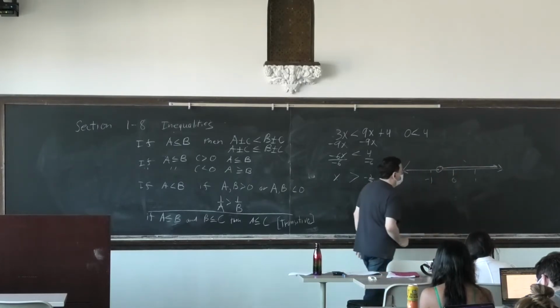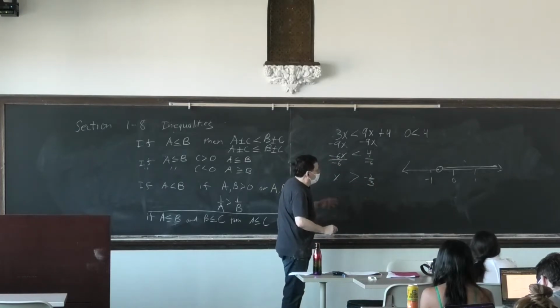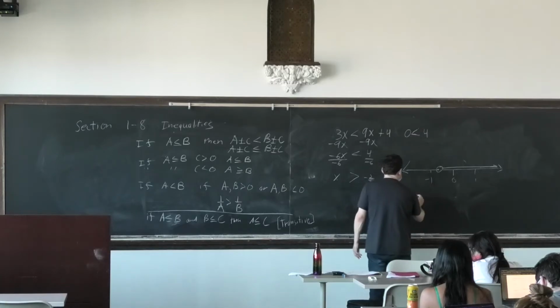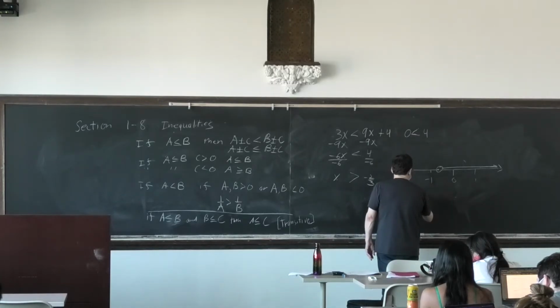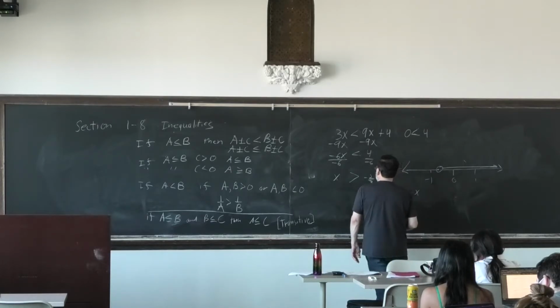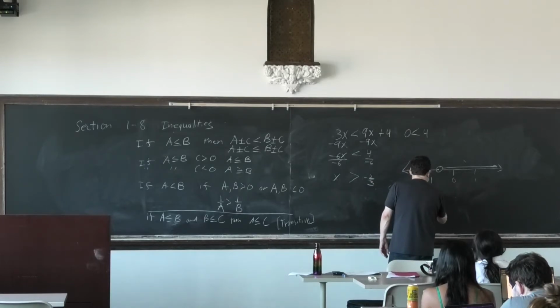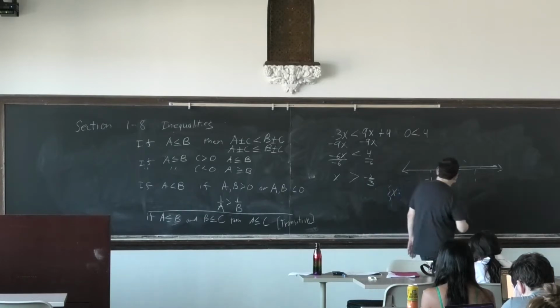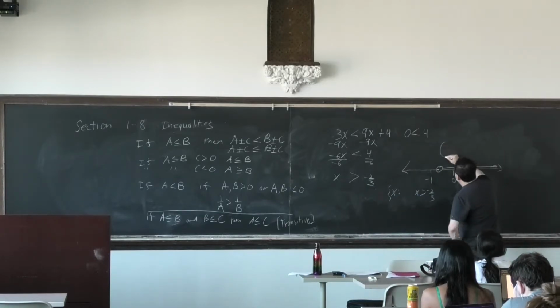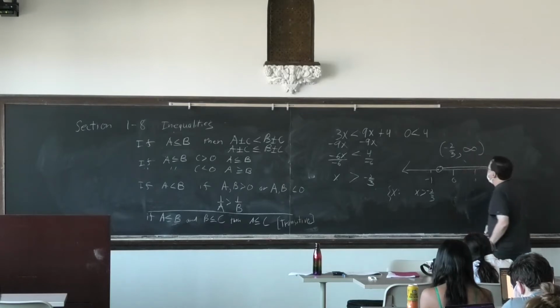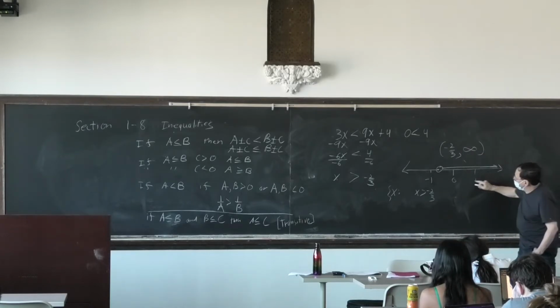Or, if you like, x such that x is greater than -2/3. How do you write this interval? It's open on this side, -2/3, and it goes to infinity. It is open. So we could write this interval just like that.